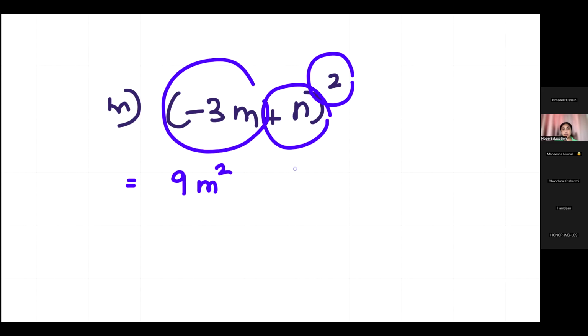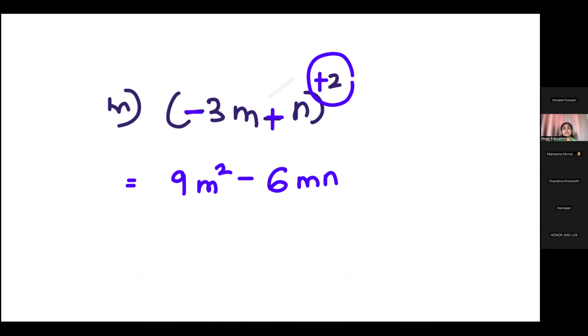Letters are m and n. Then the sign: minus times plus is minus. Then second term squared. Second term is n, n squared. Plus times plus answer is also plus. Is it clear? Thumbs up.